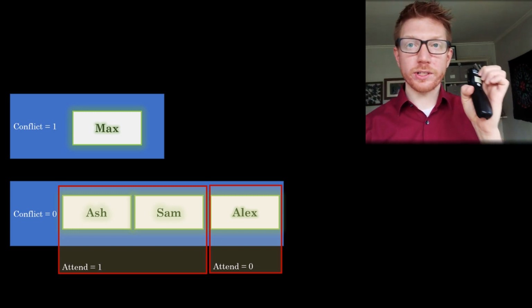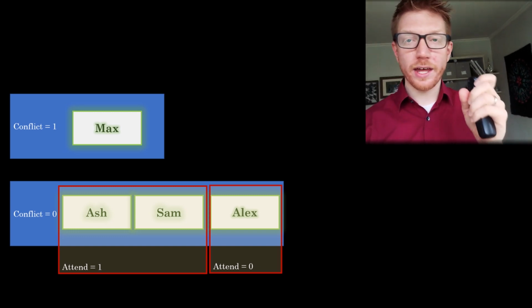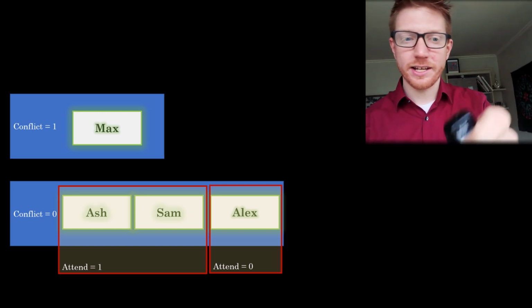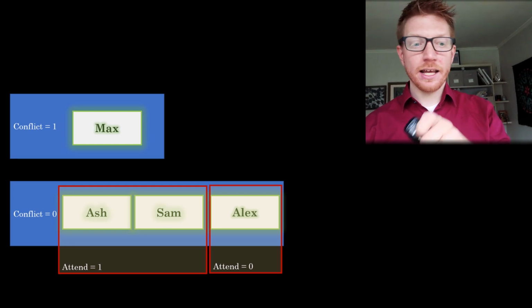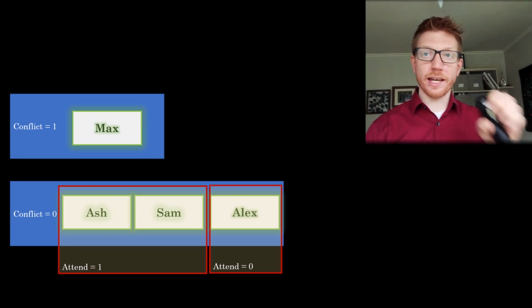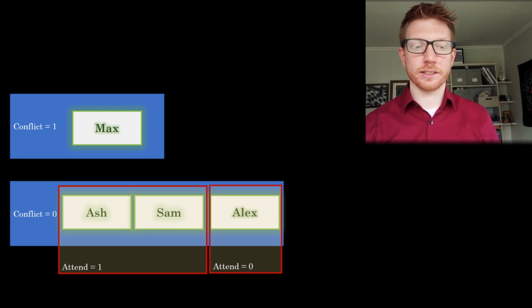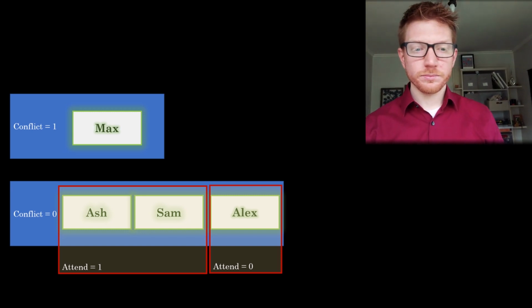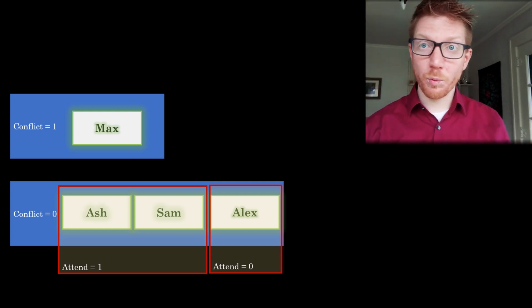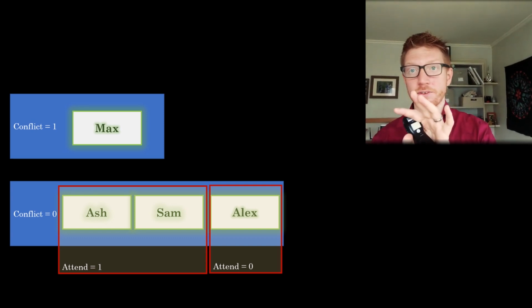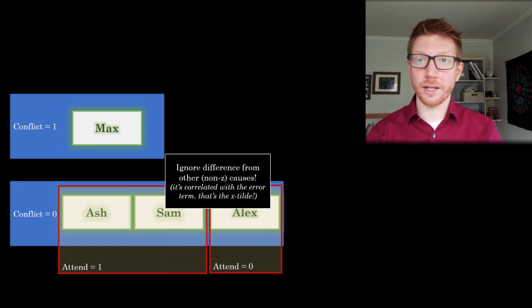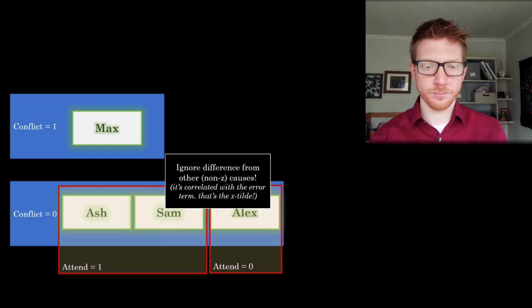And so we're going to ignore that difference in actual attendance that differs Ash and Sam from Alex, and we're only going to be looking at variation coming from the conflict. So what we're worried about is that variation from other stuff is potentially correlated with the error term.